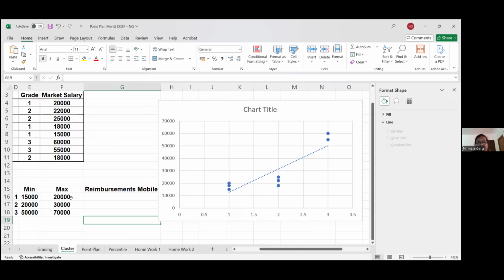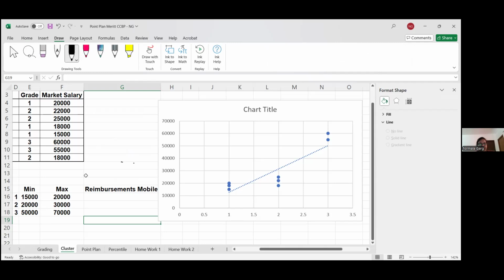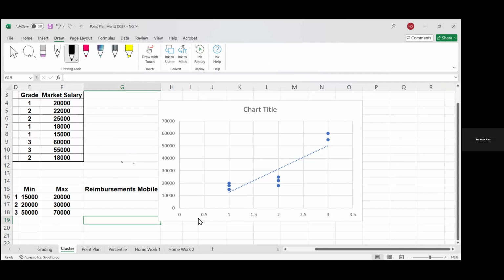Okay. So grade 1, the salary range minimum is how much? 15,000 and maximum is 20,000. Now go to the next grade 2.